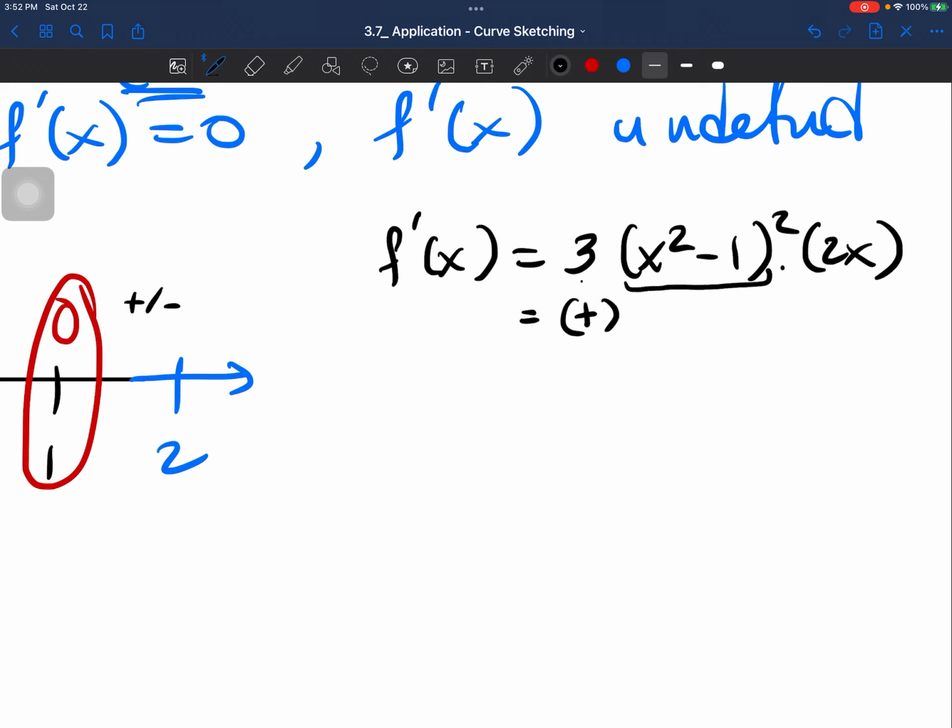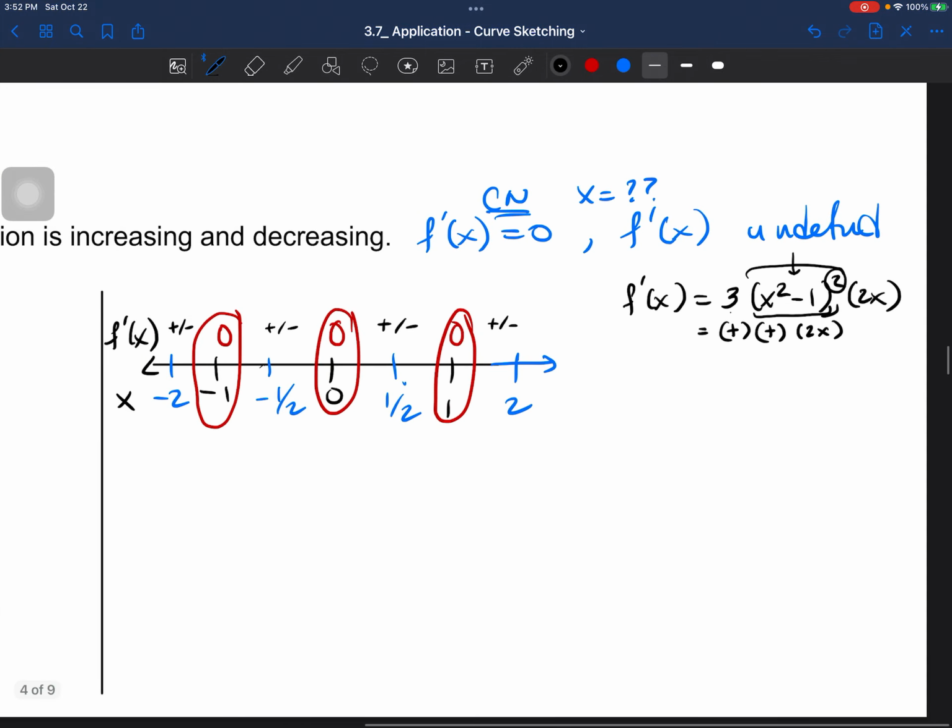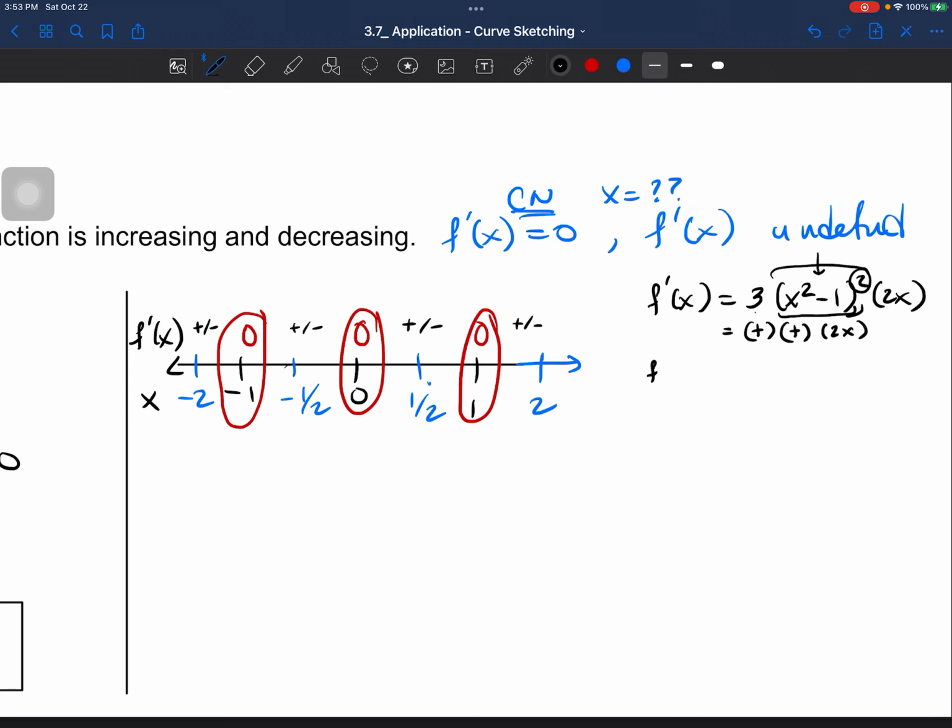But we can look at what we have so far, and we know that this factor is positive. 3 is a positive number. And we can also conclude that this number right here with the square is going to be positive, right? Because whatever is inside, you're going to square it. When you square a number, you always turn that number positive. So all we have here is positive times positive times 2x, right?